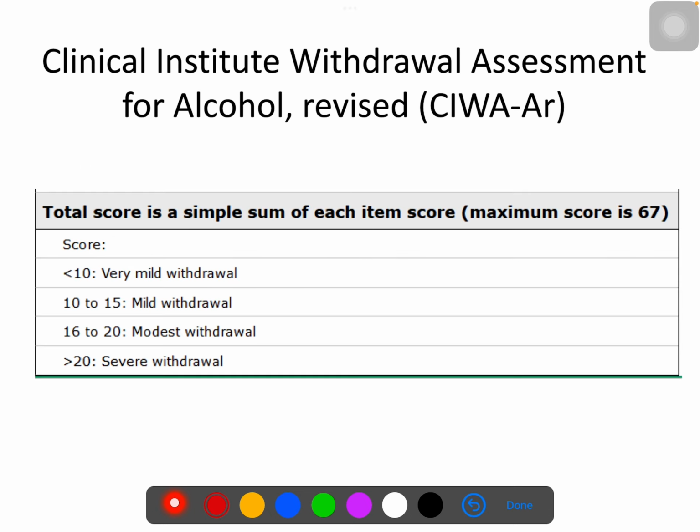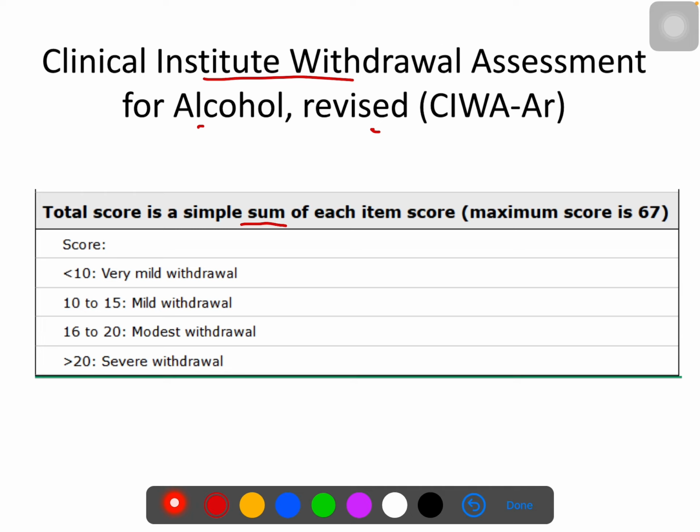CIWA scoring, the Clinical Institute Withdrawal Assessment for Alcohol, has been devised. There are some parameters we have to look for, and we add up the score.